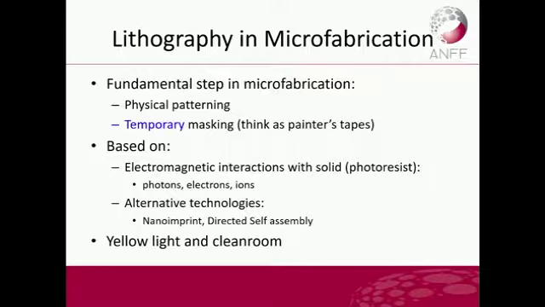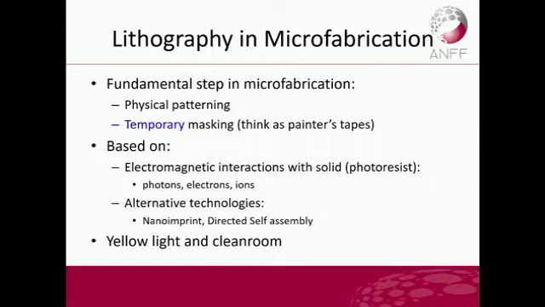And there are also alternative technologies that I will not be covering today. For example, you can use nanoimprint to transfer a physical pattern by embossing into another polymer feature. You can do this sort of lithography as well, and there's no resolution limit. It all depends on how small you can make your master.